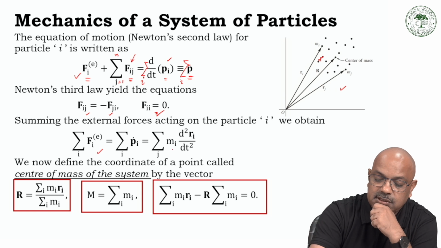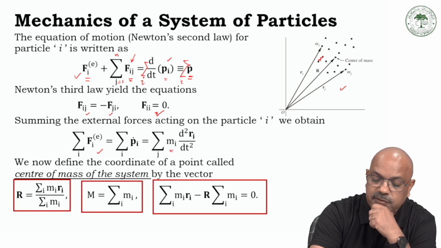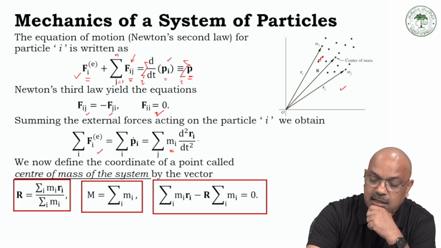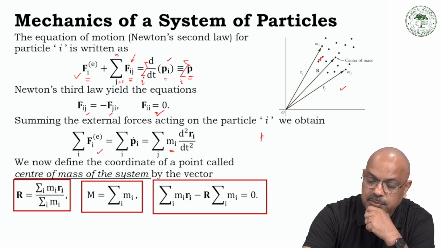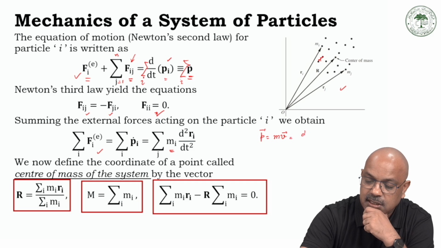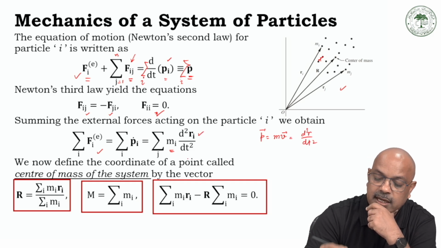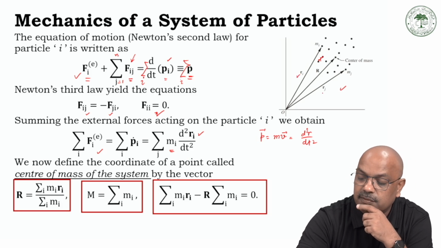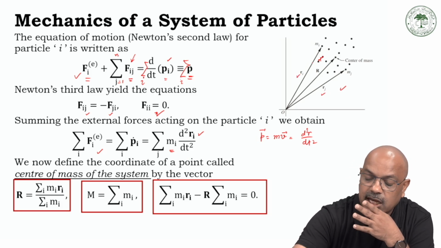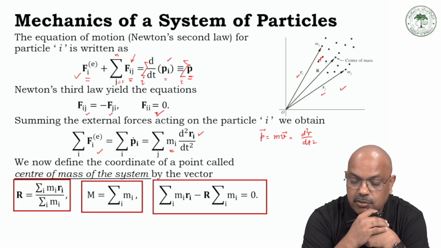So this is the momentum, the mass of each particle, because p is basically m times v, and v is d²r by dt². So d²r by dt² is the position vector of the ith particle, and similarly I have the position vectors of all the constituent particles.